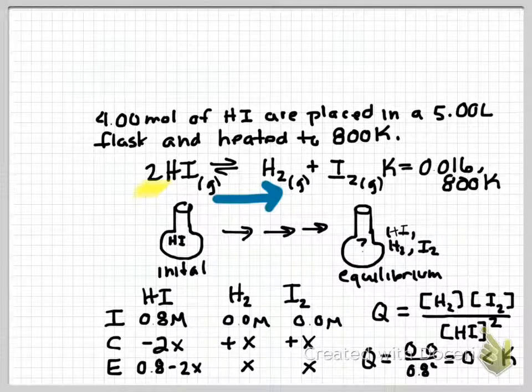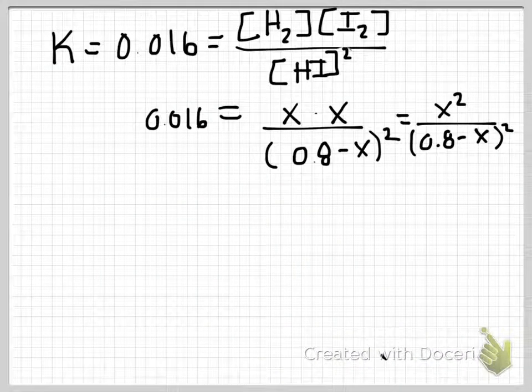At this point, we want to go ahead and put our equilibrium concentrations into our mass action expression and solve that, where K, 0.016, is equal to x squared over (0.8 minus 2x) squared.